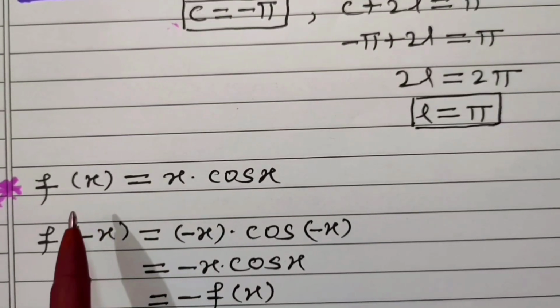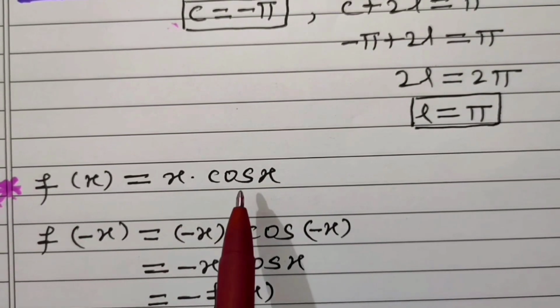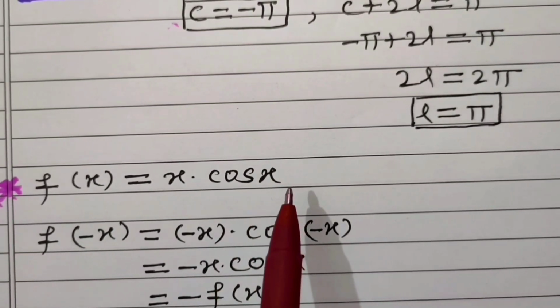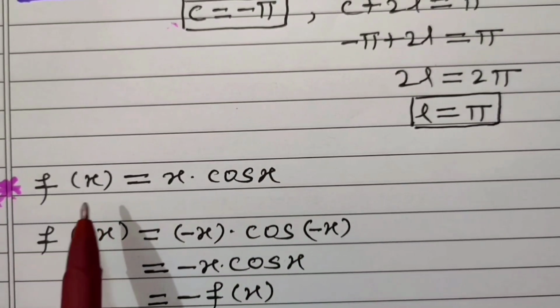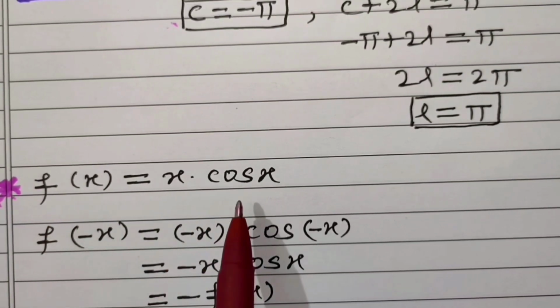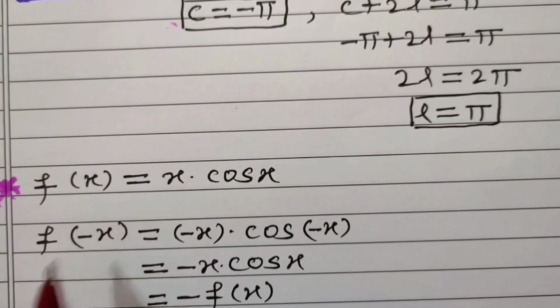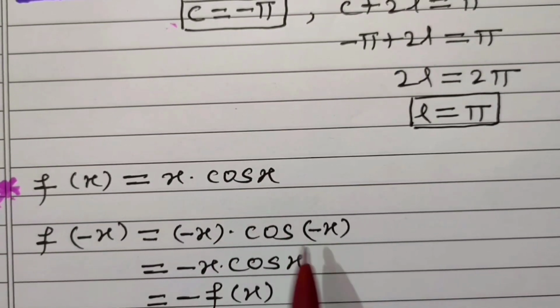Now the given function is having a single value x into cos x, which is defined in the single interval minus pi to pi. So in such cases replace x by minus x in f of x and on the right hand side also. So replacing x by minus x, f of minus x is equal to minus x into cos of minus x. But you know cos minus theta is cos theta.